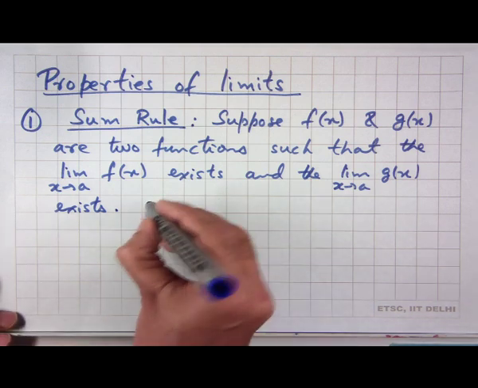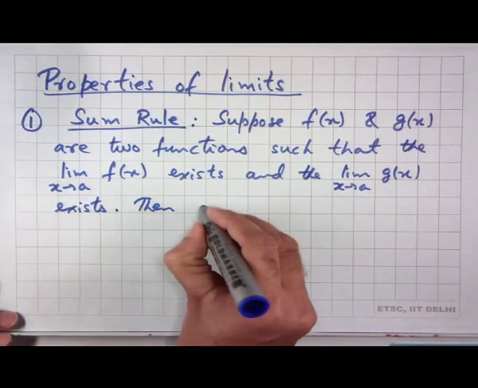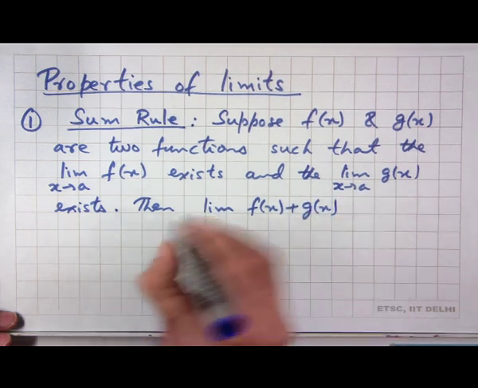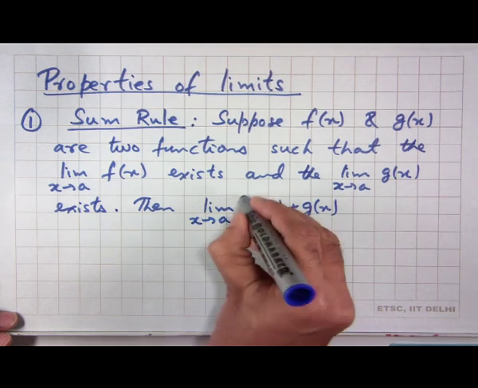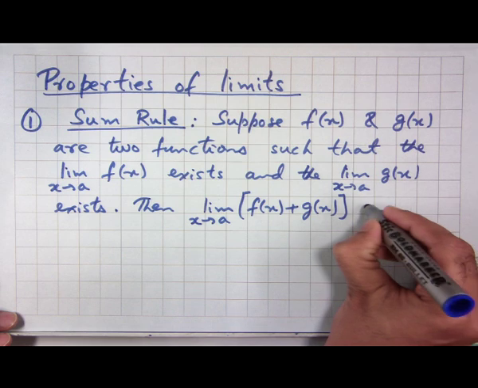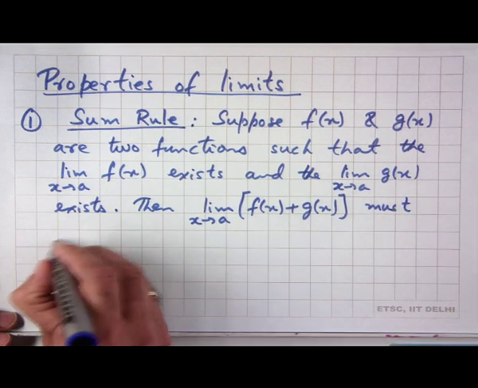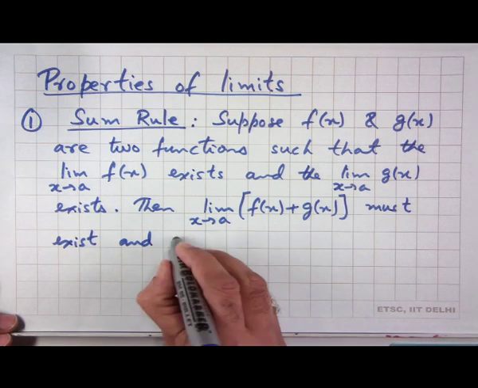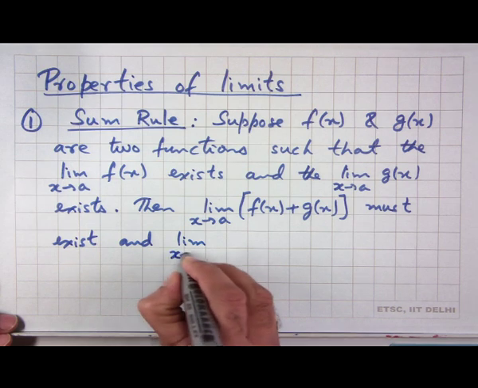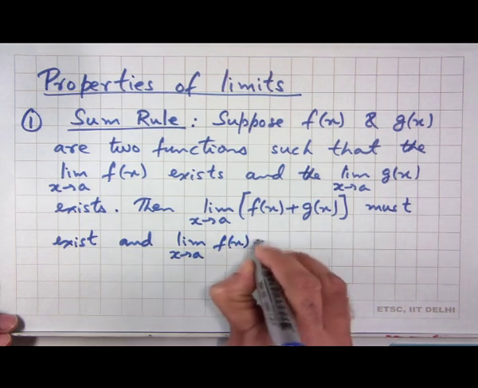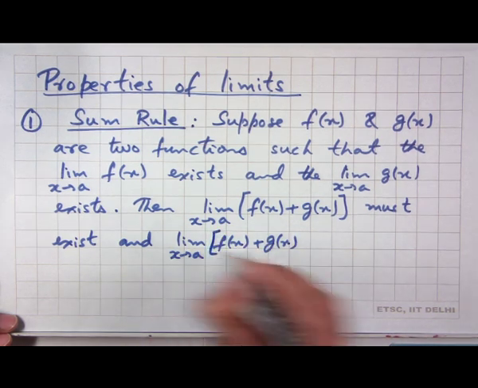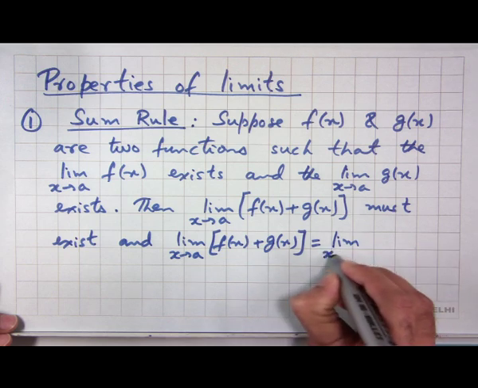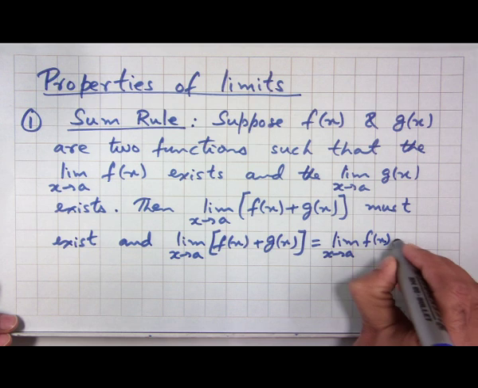Then the conclusion is that the limit of f x plus g x as x goes to a must exist and the limit is equal to the sum of the limit of f x and g x.